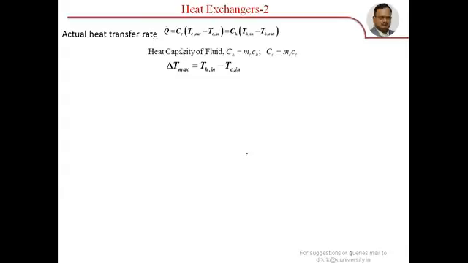And now actual heat transfer rate, we know Q equal to MCCC TCO minus TCI or MHCH THI minus THO, where this CC and CH are called heat capacities of fluids. Capital CH is the product of mass flow rate of hot fluid and the heat capacity of hot fluid.